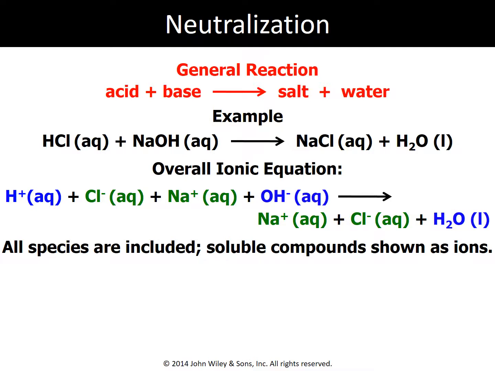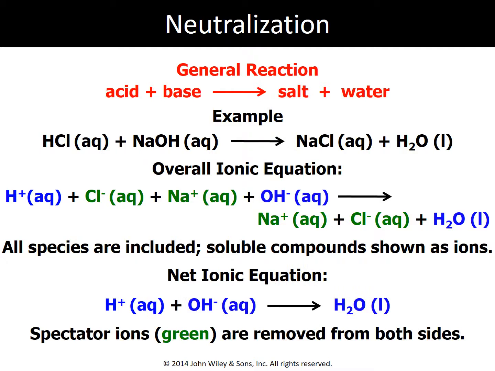Often chemists exclude the sodium and chlorine ions, because they're not really adding much to the reaction. They're just holding on to our H and our OH groups, and those are the ones that we care about. And so often we'll see something called a net ionic equation, where our spectator ions, the sodium and chlorine, are removed.